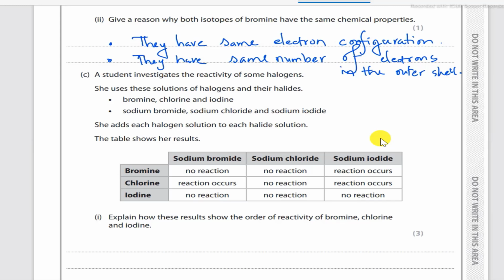Explain how these results show the order of reactivity of bromine, chlorine and iodine.